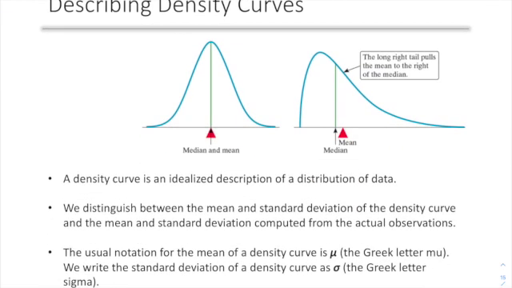The usual notation for the mean of a density curve is mu. It's a Greek letter, and then the standard deviation is sigma. So when we're talking about the statistics of data, we're going to start using these Greek symbols. So you have mu, and then you have sigma.